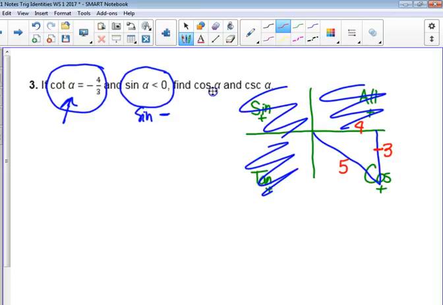All right, so they asked me to find the cosine, which was just what? 4 over 5. And the cosecant, which is hypotenuse over opposite. Negative 5/3, doesn't matter where you put the negative. Are we okay? So it was just a little tricky figuring out which quadrant, right? But otherwise, it's the stuff we've been doing.